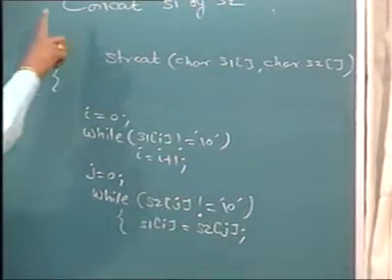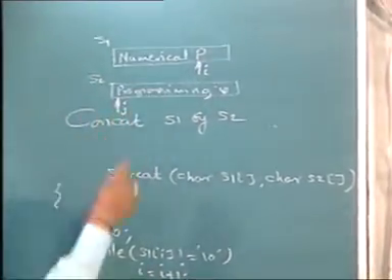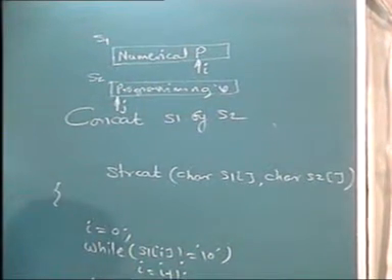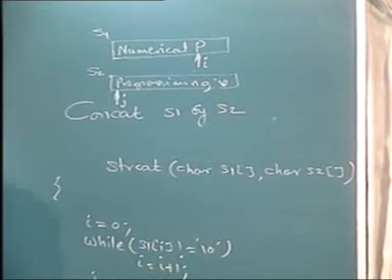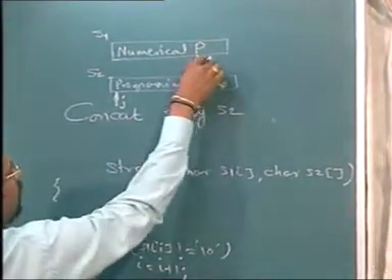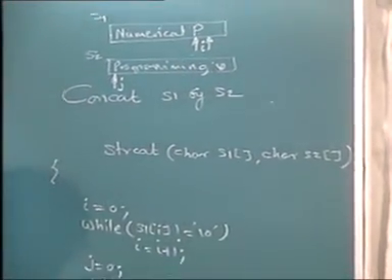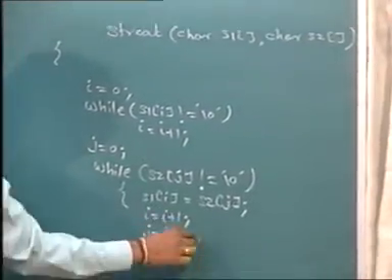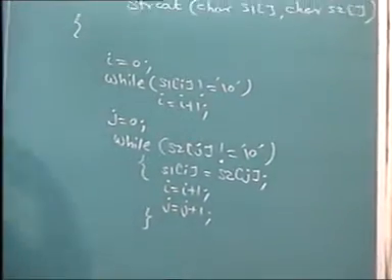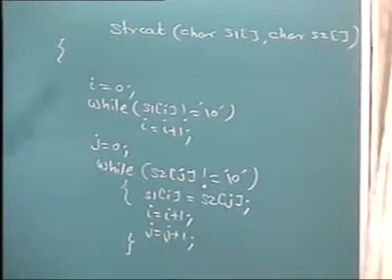You will have to advance, because now the next character should be written ahead. So you will have to say i equal to i plus 1. So this will go ahead to the next position, and you want to copy the next character, so you will have to say j equal to j plus 1. So then r will be copied. So like that they will move.